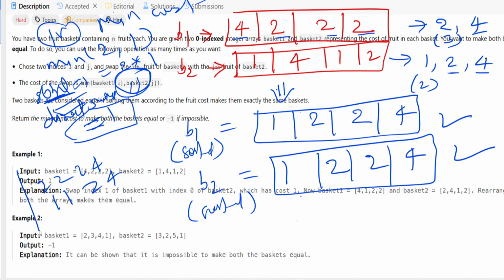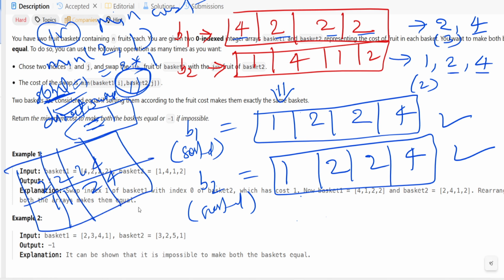This was the sorted result, both are right. So if you represent it, this is okay, this is also okay. The only problem is what? Here we have 2, 2, 2, 2, and here we have 2, 1. So if we swap these 2 with this one, we have to make one extra swap here, right?